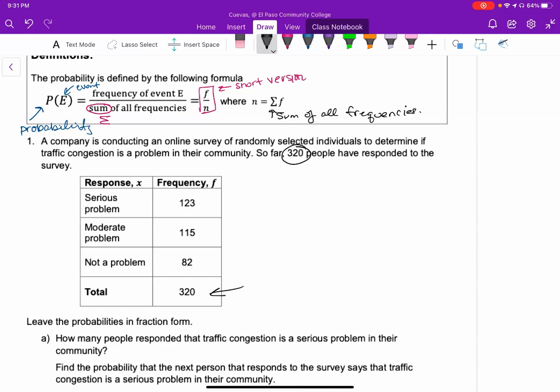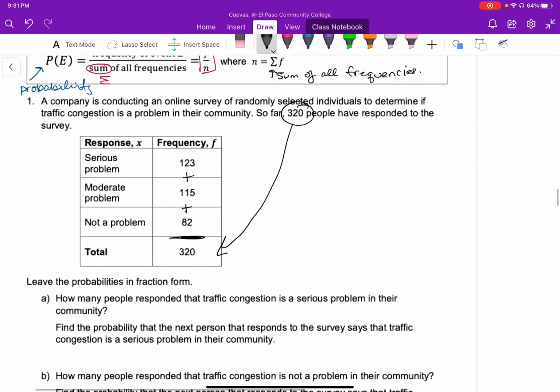If it's not given to you in the table, then you must come over here and look for it, or you must total everything. So again, in this case, they give us the 320, it's here, and if I look at 123 plus 115 plus 82, the total is 320. This is what sum of frequencies is.